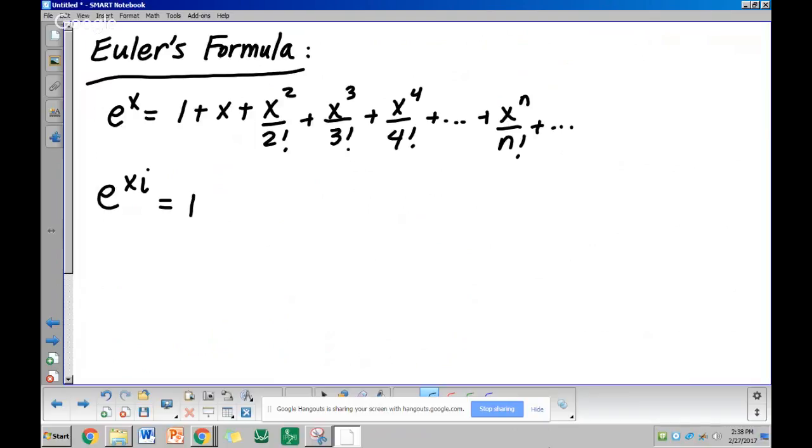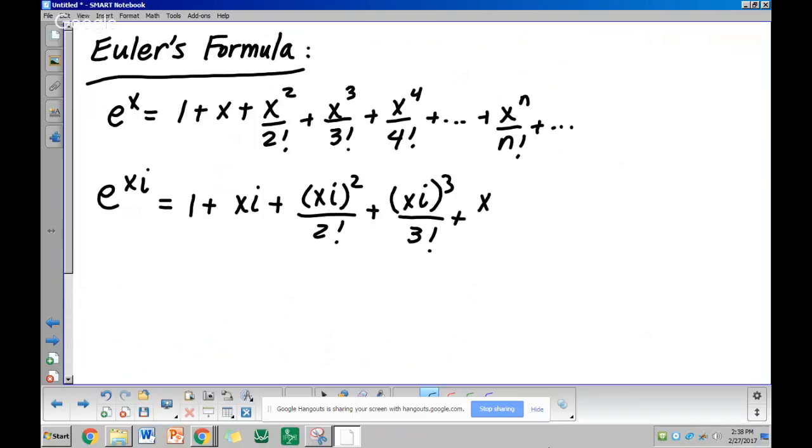We get 1 plus xi plus xi quantity squared over 2 factorial plus xi cubed over 3 factorial plus xi to the 4th over 4 factorial plus xi to the 5th over 5 factorial plus so on and so on.